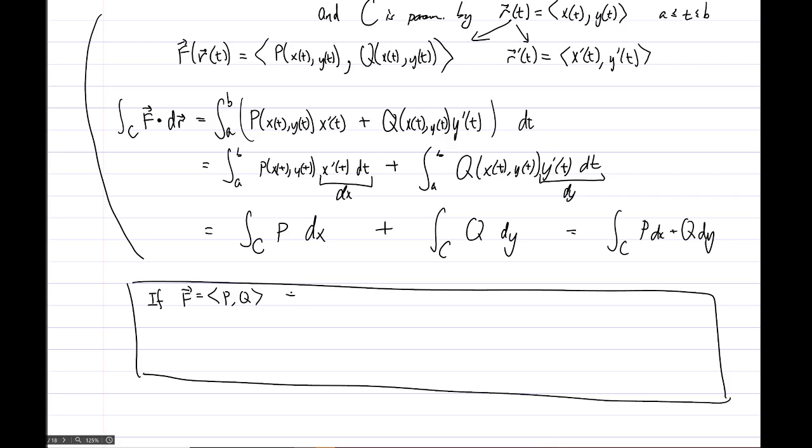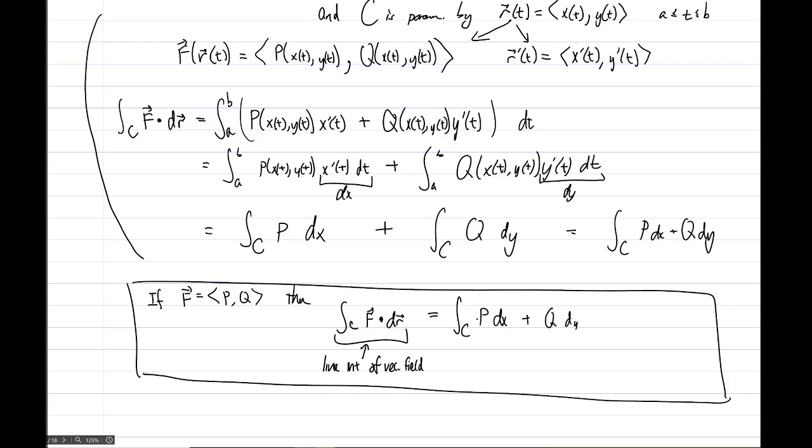Then the integral over C of the vector field F dot dr, as written, this is the line integral of a vector field. This happens to end up equaling the integral over C of P dx plus Q dy.